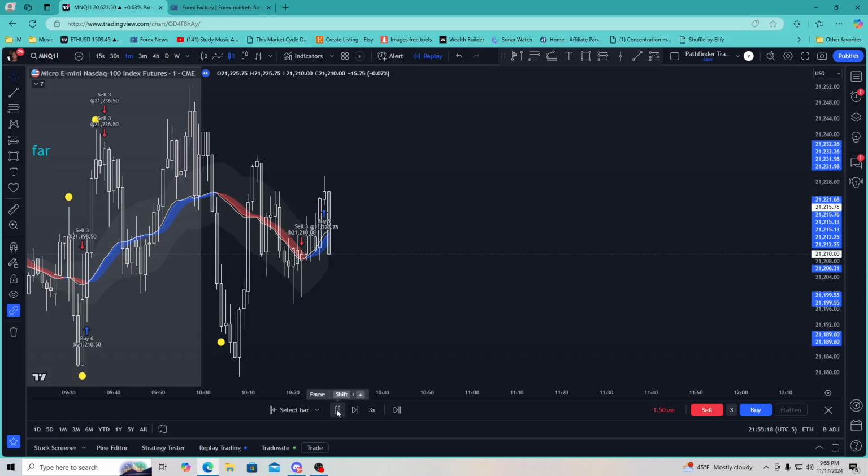All right. What is this doing? Tell me in chat, guys. Is this flat or is it angled down? Flat or angled down? Go ahead and put it in chat.